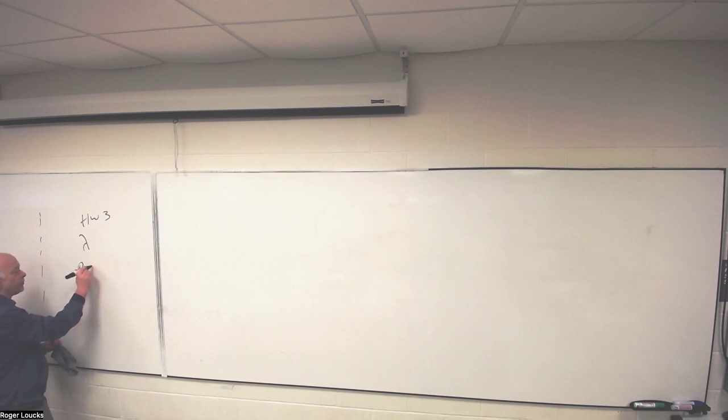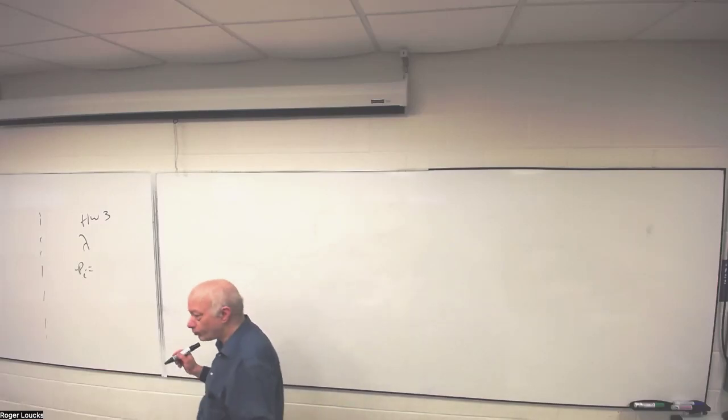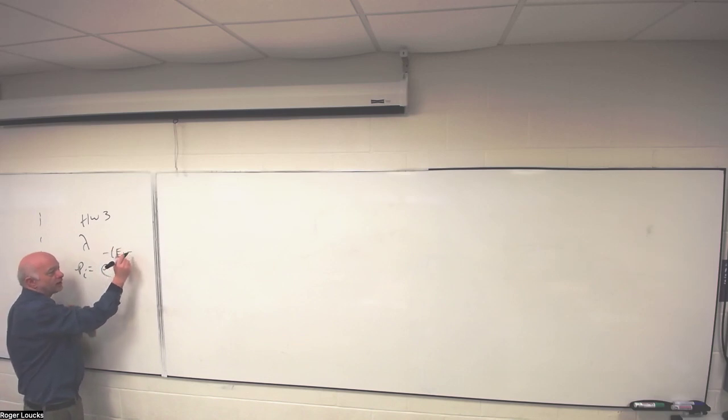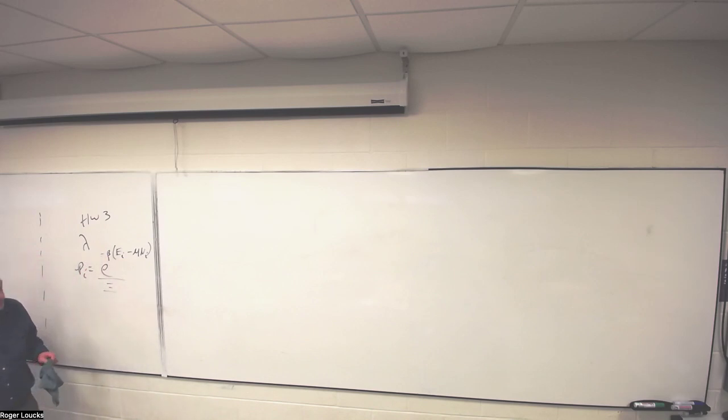So what do we know about the probability for the Gibbs distribution? Chemical potential. Yes, this is e to the minus (E_i minus mu N_i), and then there's a beta in front, over the partition function.